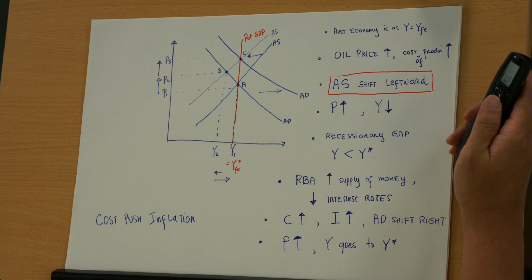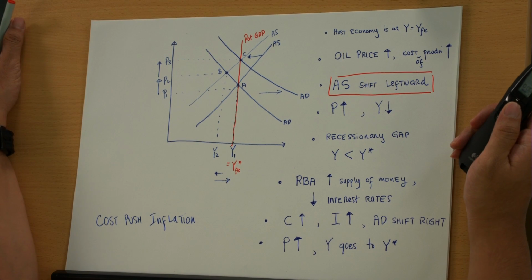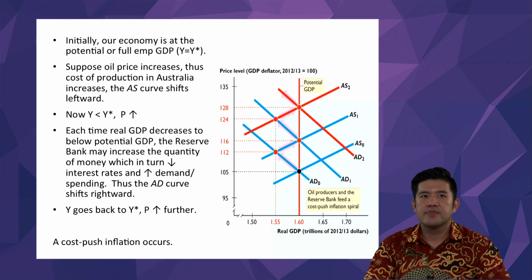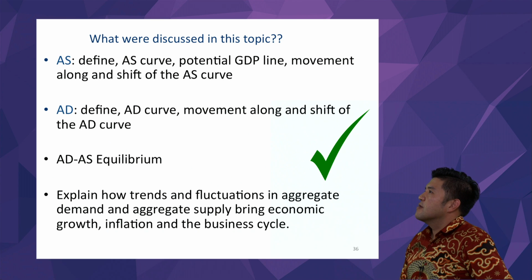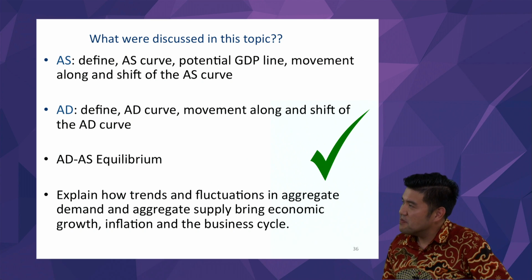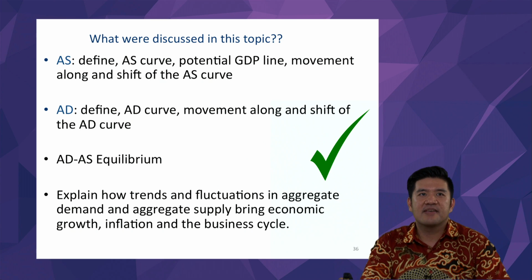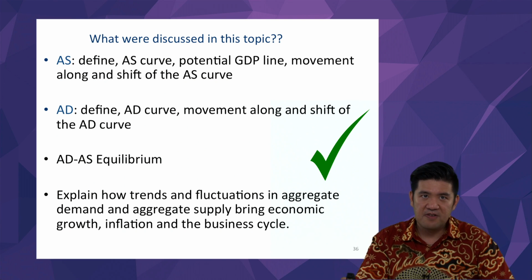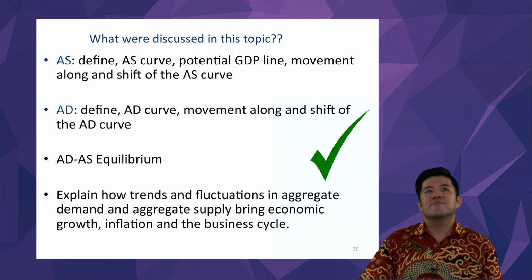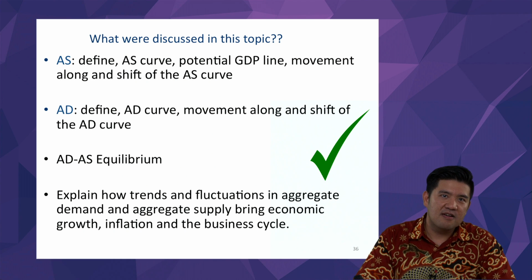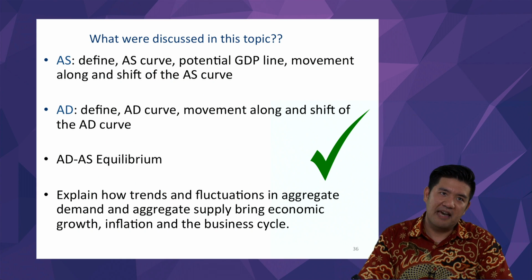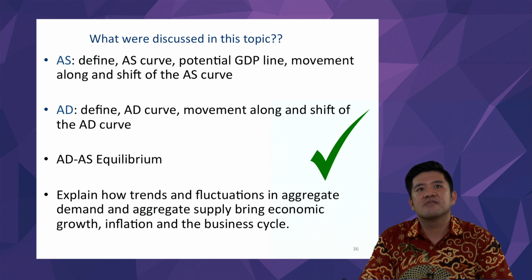Okay, let's finish off. Let's go back to the PowerPoint presentation. What have I discussed in this topic? We looked at the AS curve, we defined that. We looked at the shape of the curve, we talked about the potential GDP line, movement along, shifting of the AS curve. Then we looked at the AD, we defined that.